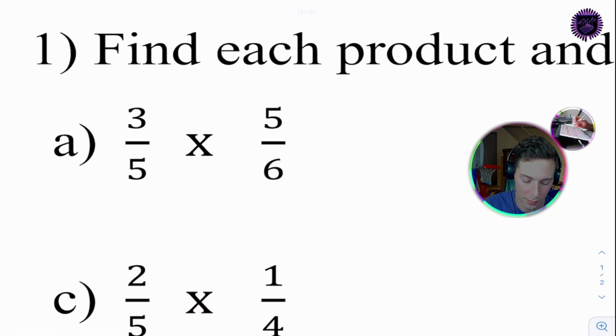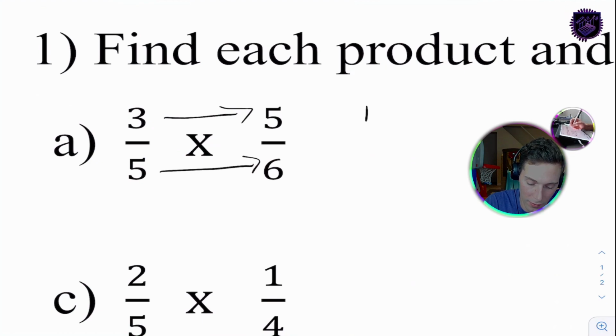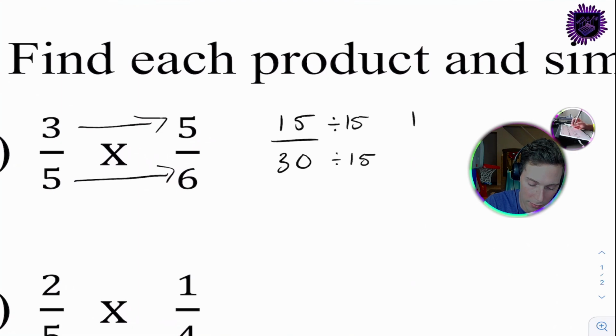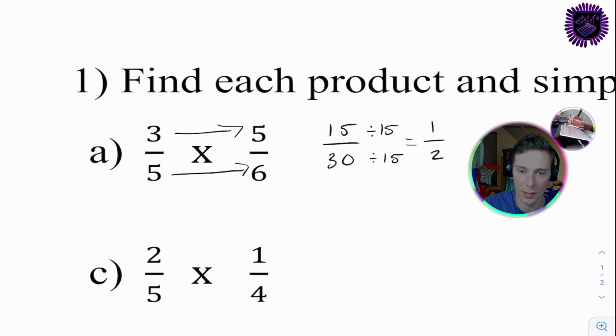So rather than multiplying across and saying 15 thirtieths, and then realizing we can divide by 15 and get 1/2, we can actually jump right into our answer by dividing earlier, canceling out, finding greatest common factors.